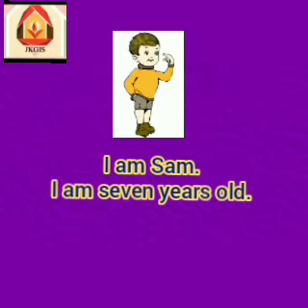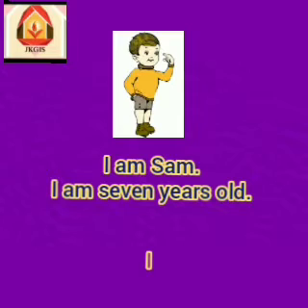Friends, when we talk about ourselves, मतलब जब हम अपने बारे में कुछ बताते हैं या कुछ बात करते हैं, then we use the pronoun I. Here in both the sentences, we have used the word I because ये boy अपने बारे में कुछ बता रहा है. So, when we talk about ourselves, we use the pronoun I.